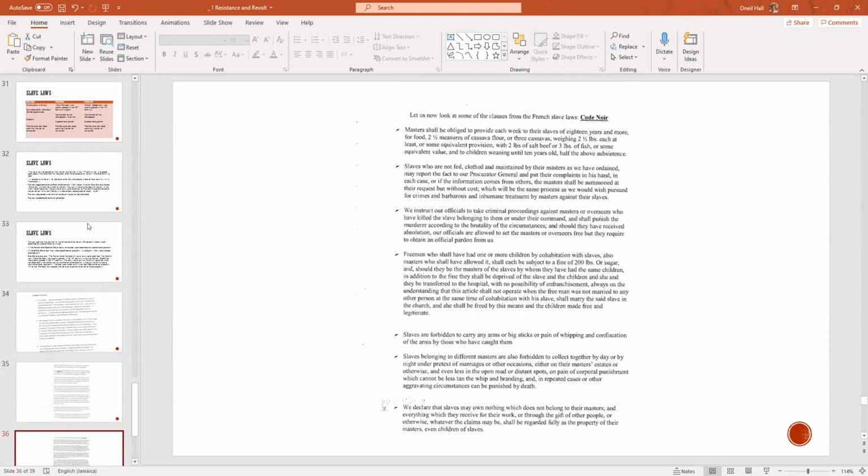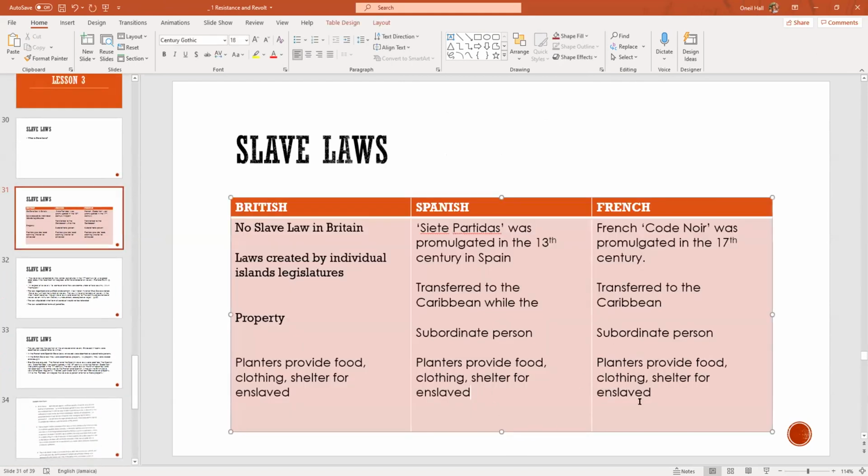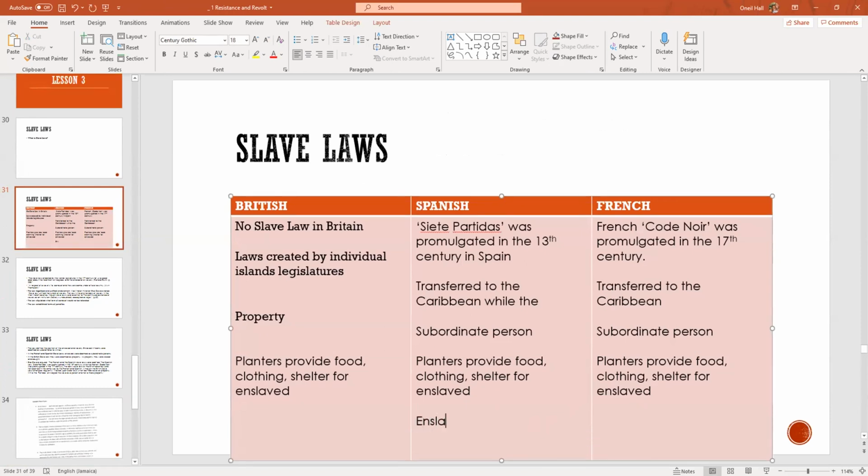It's not mentioned here. So we know for sure, ladies, that in the Spanish territory, enslaved persons could get married. Was that the same for the French?